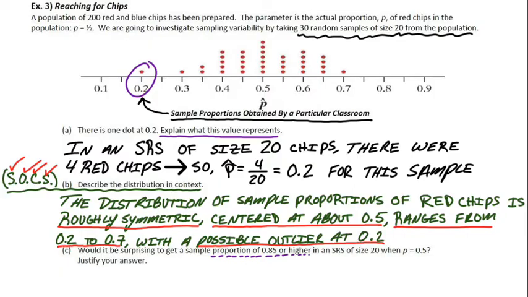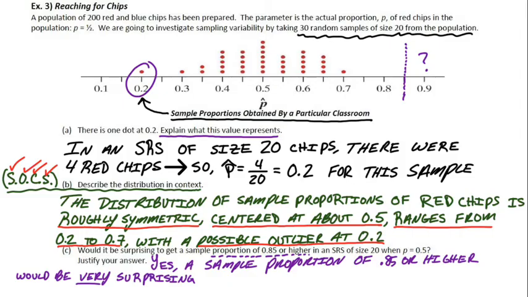So would you be surprised if 0.85 or higher showed up? So that would be, there's 0.85. And you'll notice we don't even have anything close to this line, let alone above it. So yes, we would be very surprised. So a sample proportion of 0.85 or higher would be very surprising in this case. Why is that? Just based on this simulation, right? This is the evidence we're talking about.